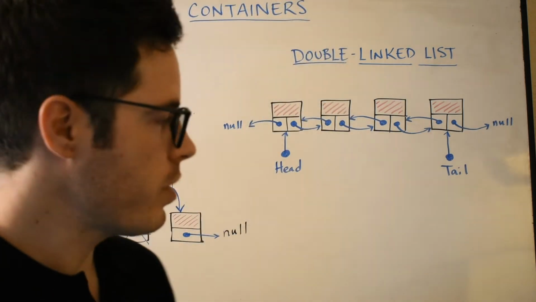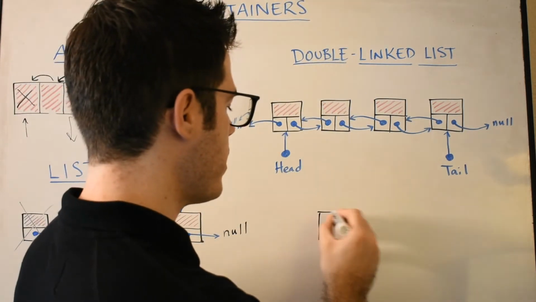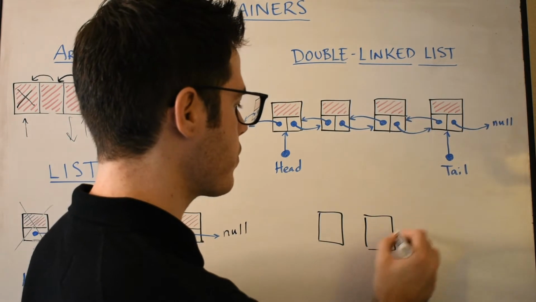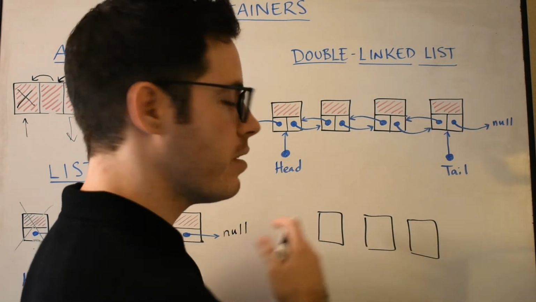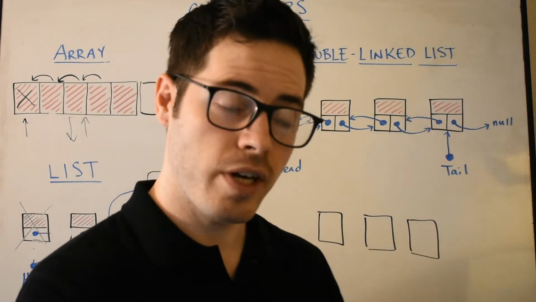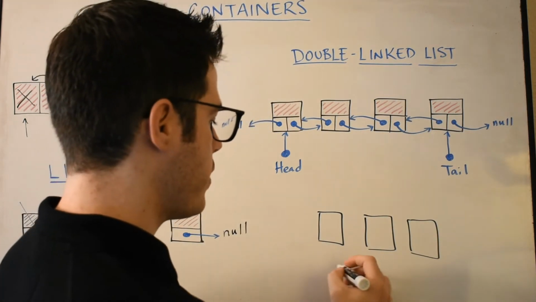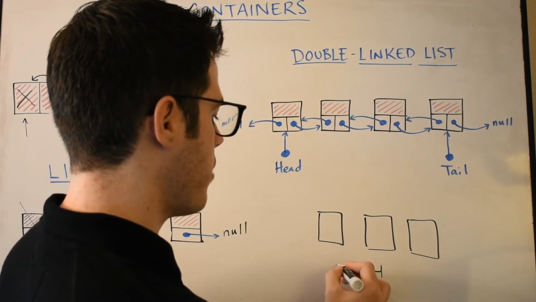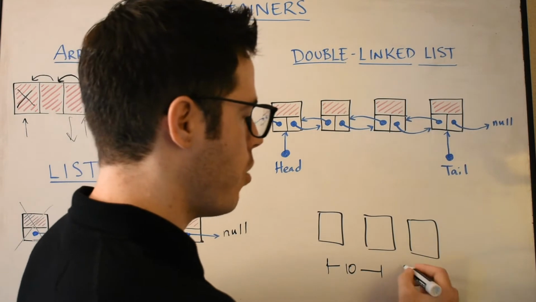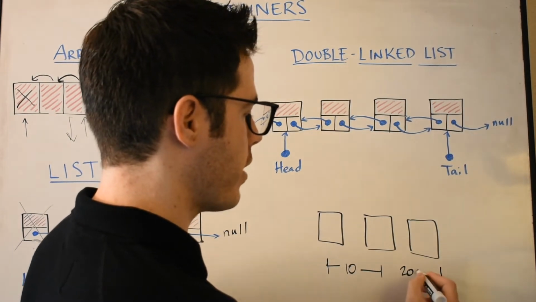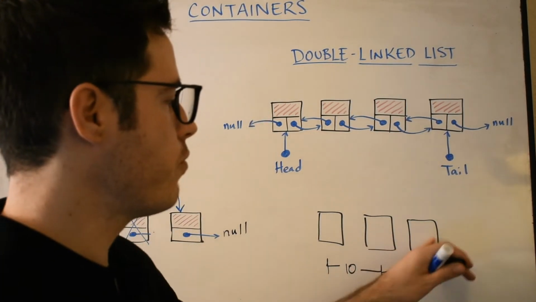And so what that means is if you're storing data each frame, and delta time is varying in between frames, well, you might have 10 milliseconds here in between frame 1 and frame 2, and you might have 20 milliseconds in between frame 2 and frame 3.